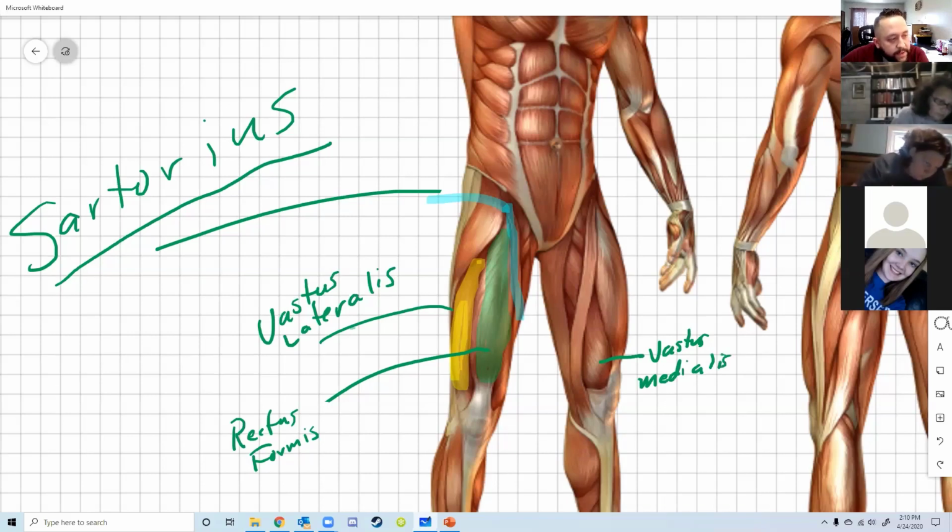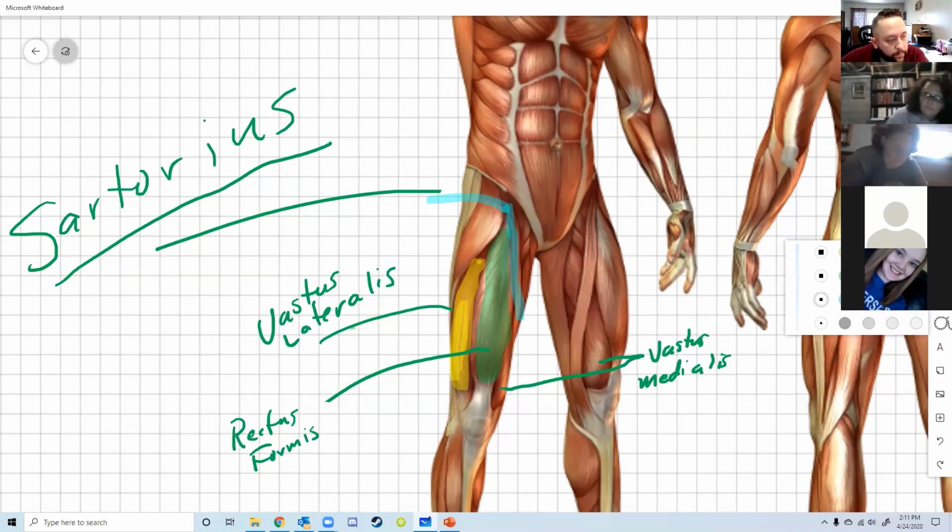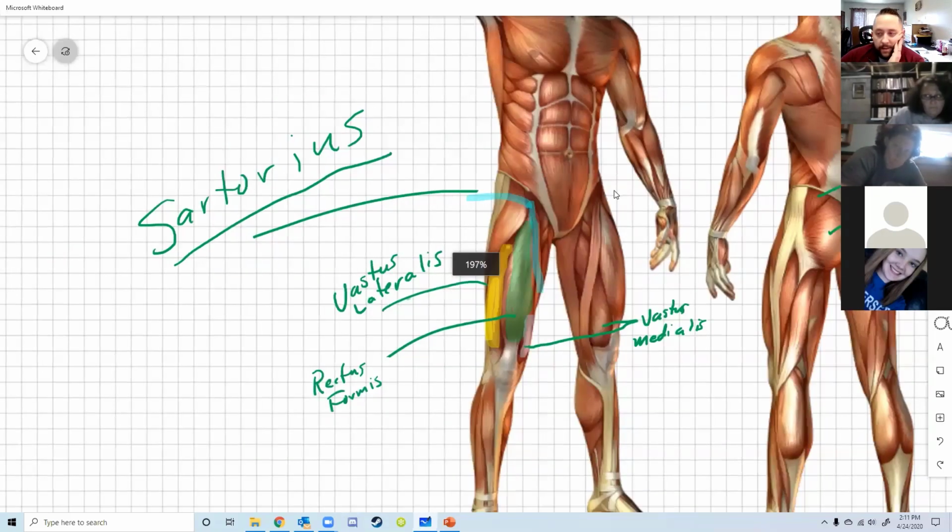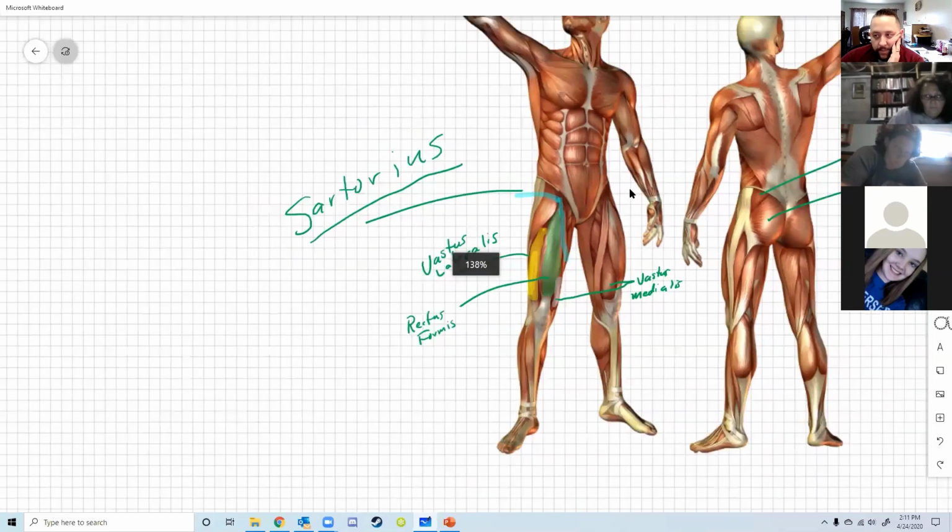And that makes sense because it's on the medial aspect of the body and this one's on the lateral here. Sorry for that confusion. You can kind of see it right there. Okay. Do I need to cover those again or review that, or you feel like you could identify them?